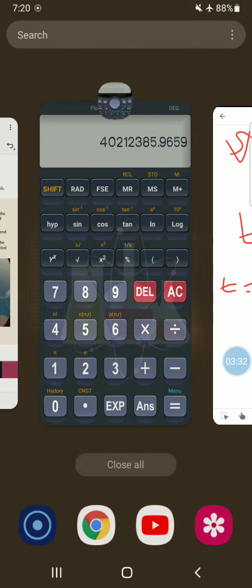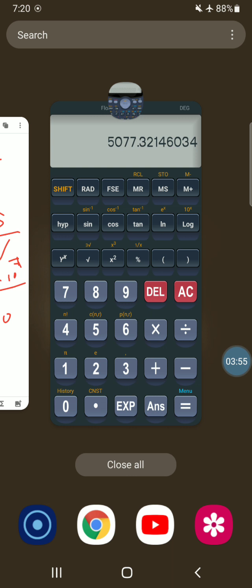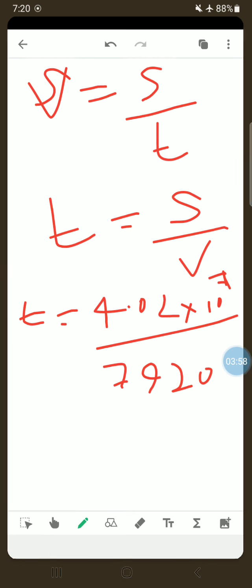Let's see. So this divided by 7,920 will give us 5,077. 5,077, we can round it off to 5.08 into 10 to the power 3. How about that? Right, 5.08 into 10 to the power 3 seconds.